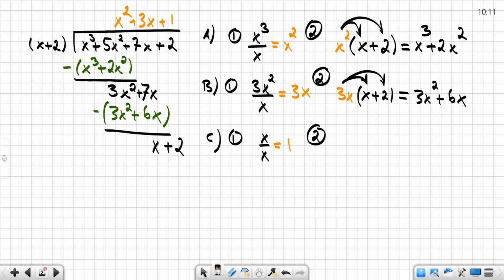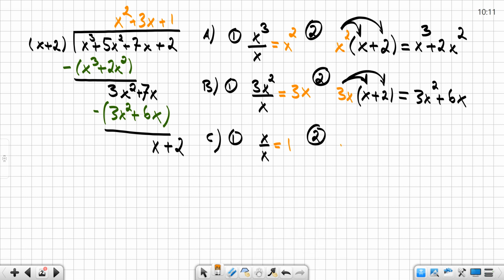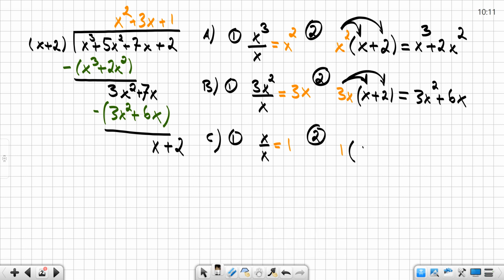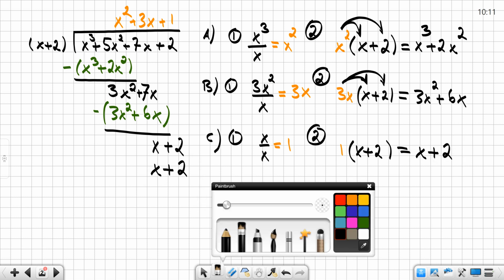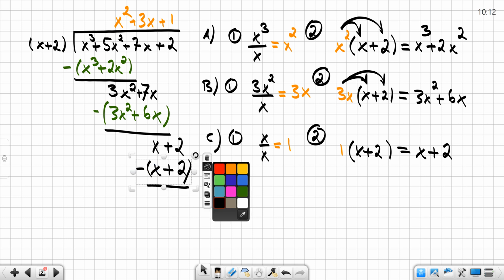The second part of my third step is going to be take the 1 and multiply it with all of the divisor x plus 2. And we are getting 1 times x plus 2, of course, just x plus 2. And just like before, I will place the x plus 2 underneath here, put parentheses around it, and subtract it from the top.